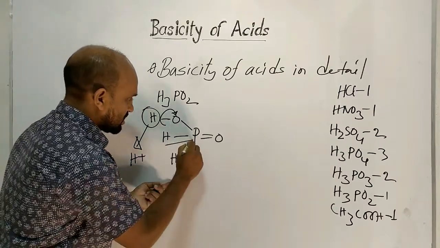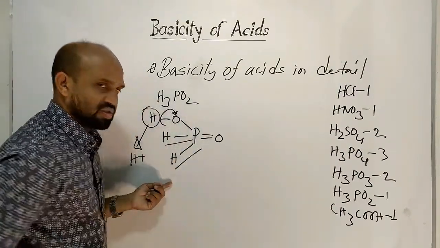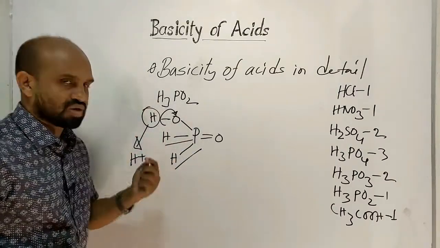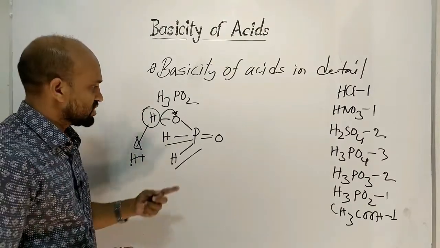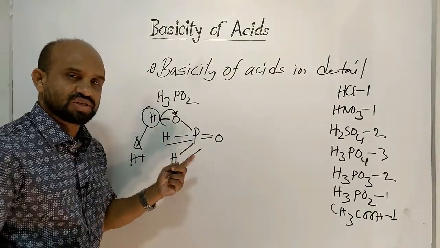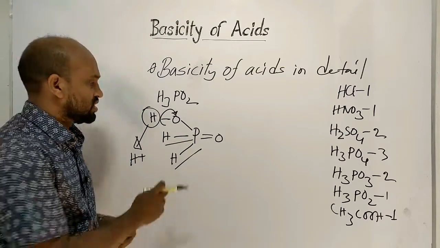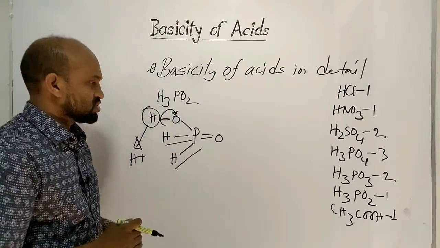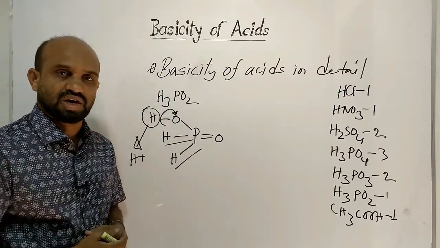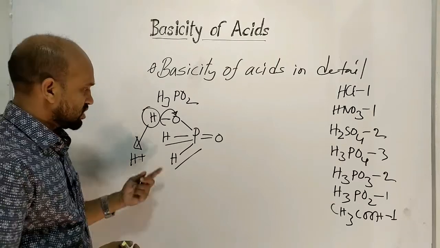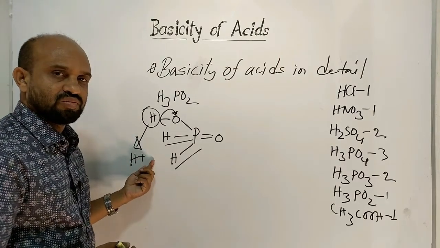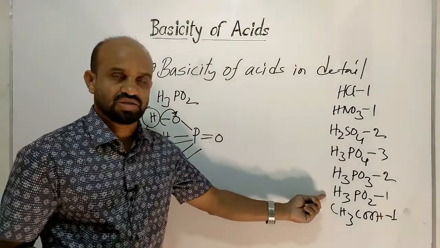But in this case and in this case, these bonds are not polarized because of no difference in the electronegativity between hydrogen and phosphorus. So only this hydrogen is ionizable hydrogen. That is why the basicity of hypophosphorous acid is 1.